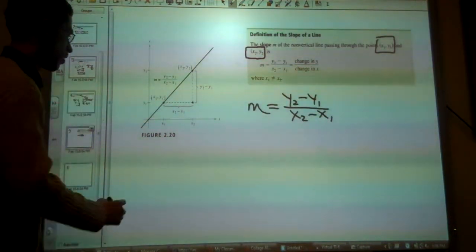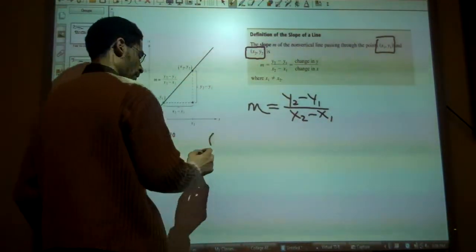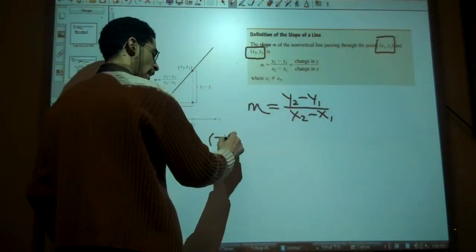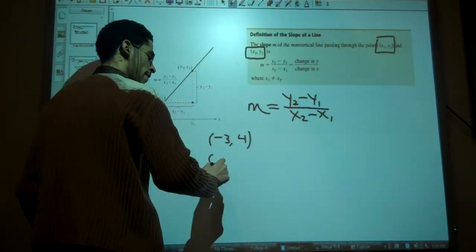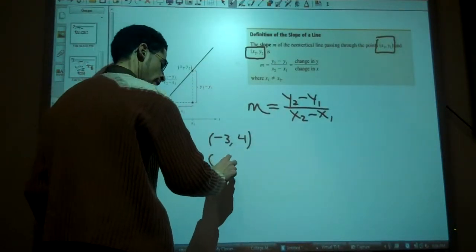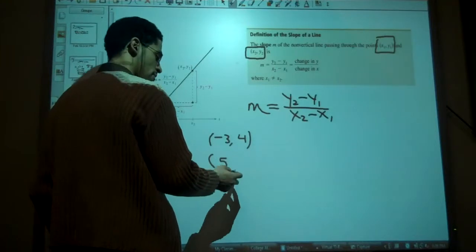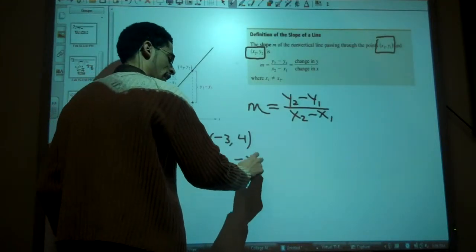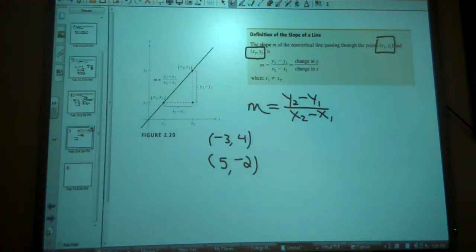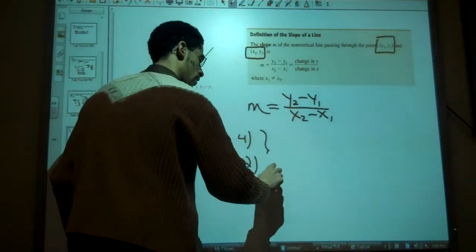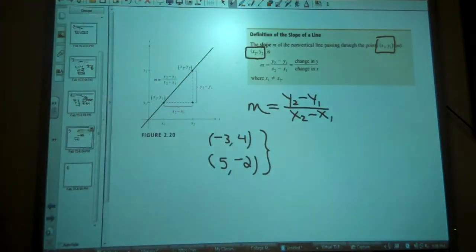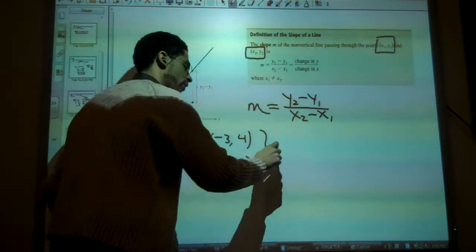And so, as an example, let's take the points (-3, 4) and (5, -2). And I'm going to find the slope of the line that connects these 2 points. There's only one line that connects these 2 points.